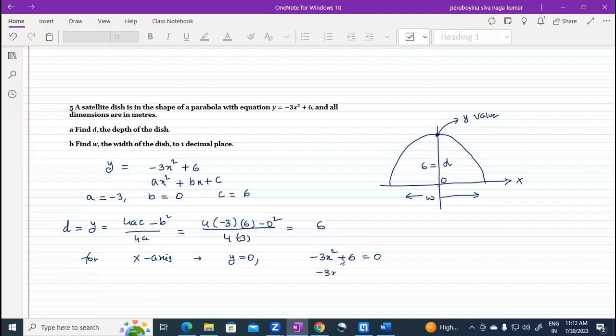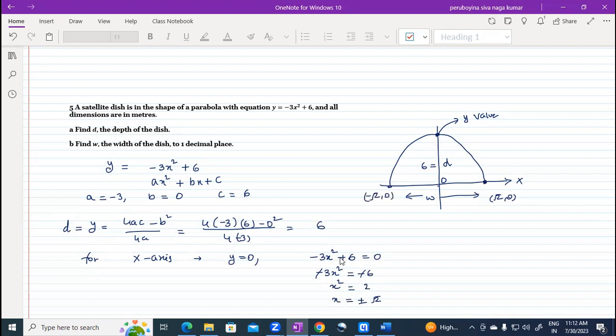That means minus 3x square equal to minus 6. Minus minus got cancelled. X square is equal to how much? 2. If x square is equal to 2, then x is equal to plus or minus root 2. That means this point will be plus root 2 comma 0 and this point will be minus root 2 comma 0.